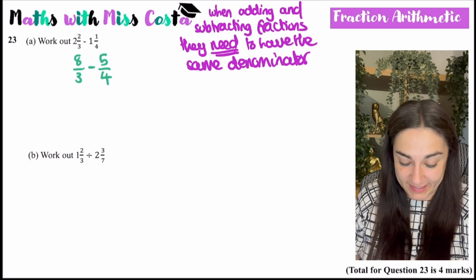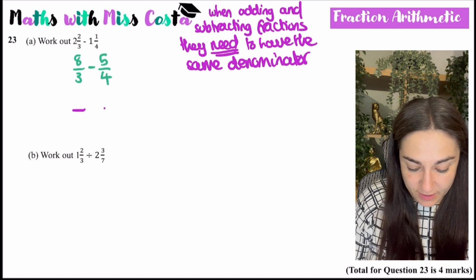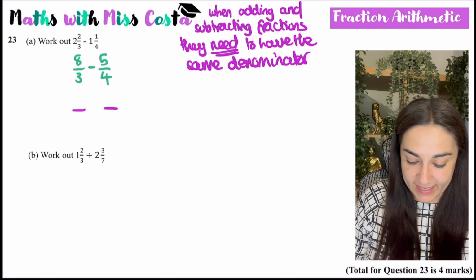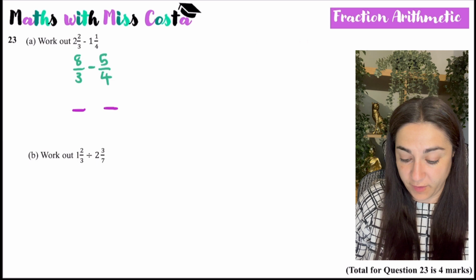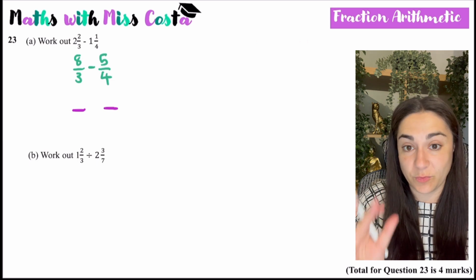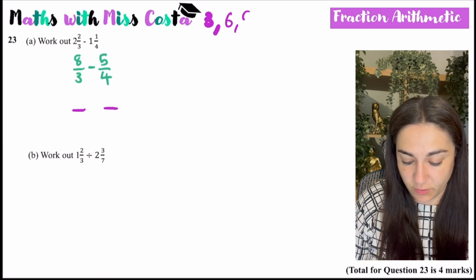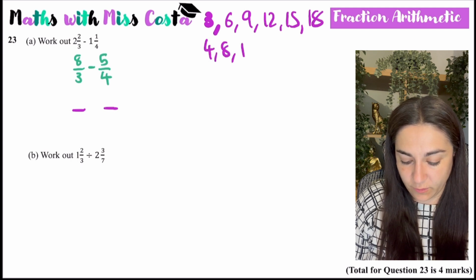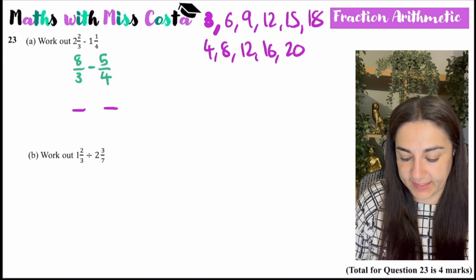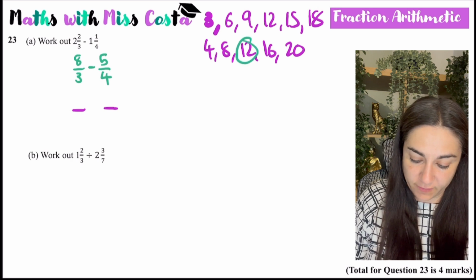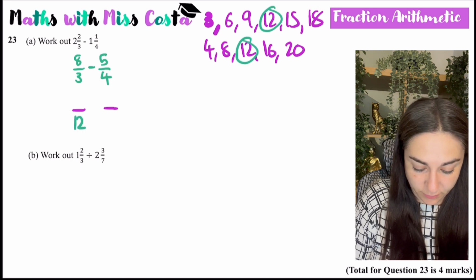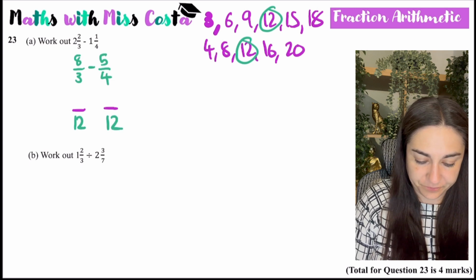Now I need to give them the same denominator. So to do that, I look for their lowest common multiple, the first number that appears in their times tables. If you're not super confident with finding the lowest common multiple, then just write out their times tables. So you've got 3, 6, 9, 12, 15, 18. You've got 4, 8, 12, 16, 20. And look for the first number that appears in both. So the lowest common multiple of 3 and 4 is 12.